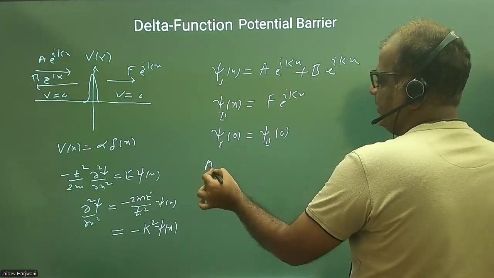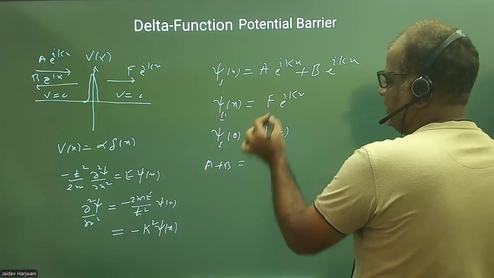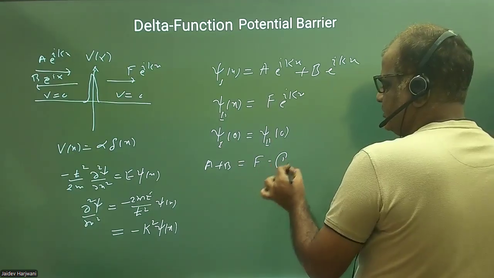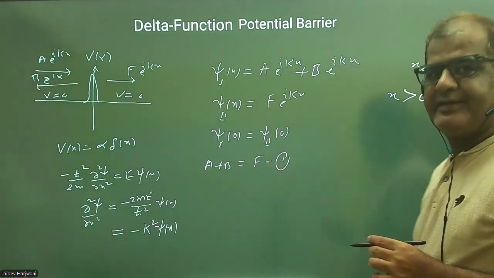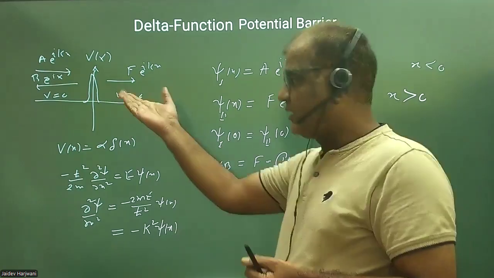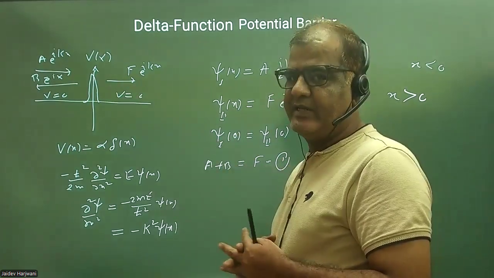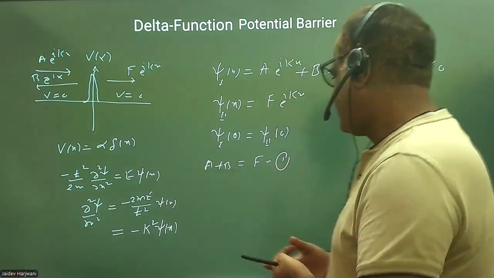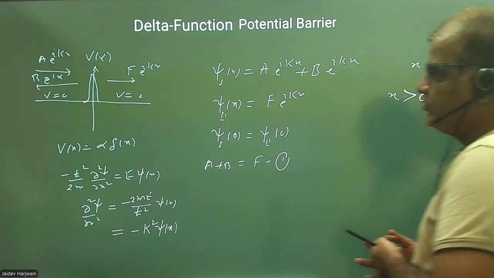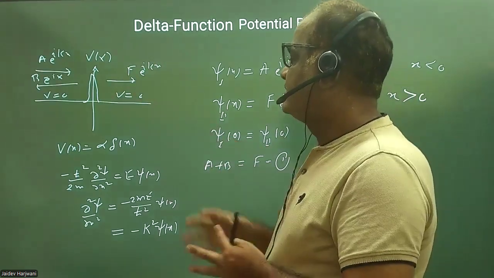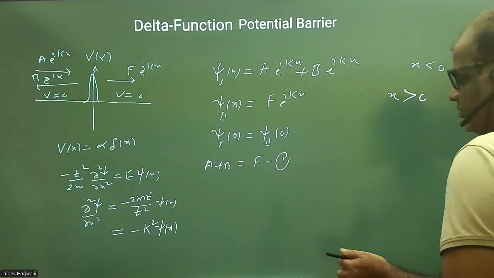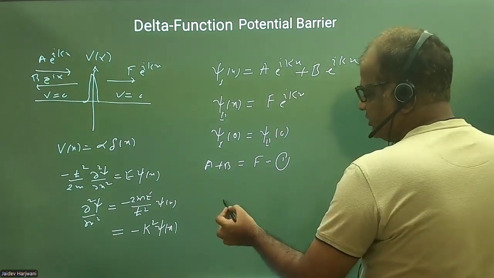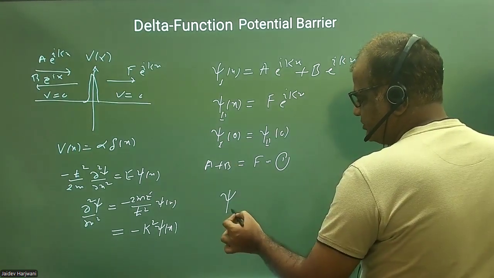So this becomes A plus B equals F. This is the first boundary condition. For the second boundary condition, we consider the potential barrier at x equal to 0. At x equal to 0 we have the delta function, and we know the discontinuity equation, which we have seen in my last two videos.